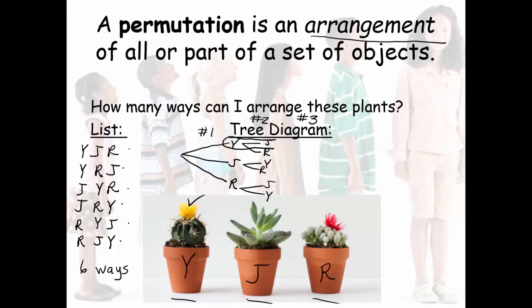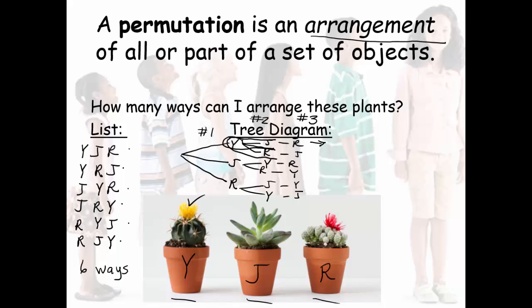The only thing I can do is put red. So I really only have 1 choice now. Or if I had done yellow followed by red here, then my only choice is to put jade. Okay, so you fill in the chart similarly. So now I have written out all the possible choices for arrangements for 3 places to put plants.